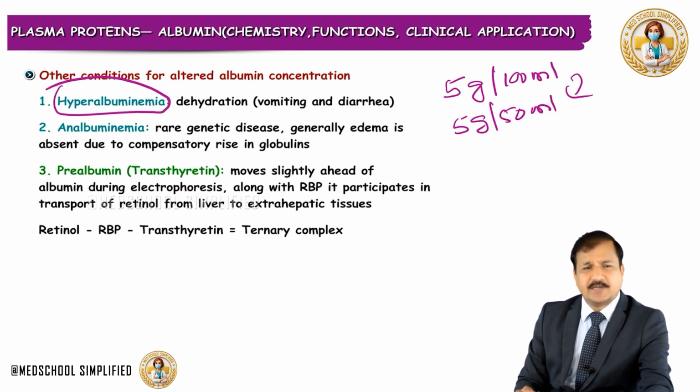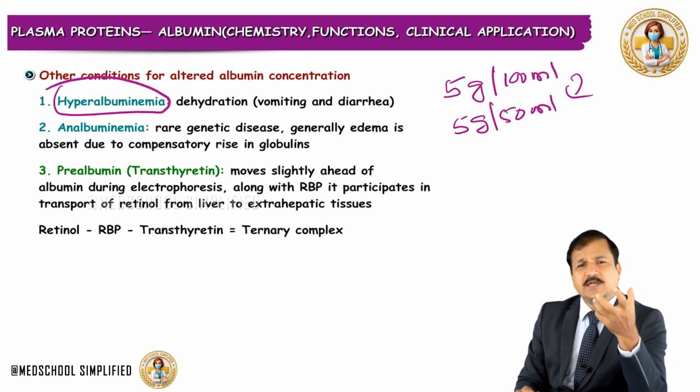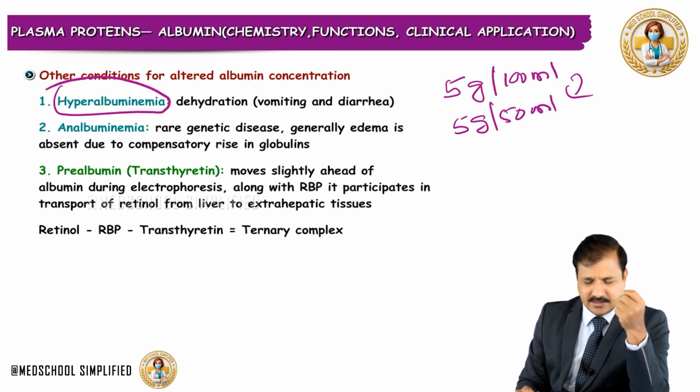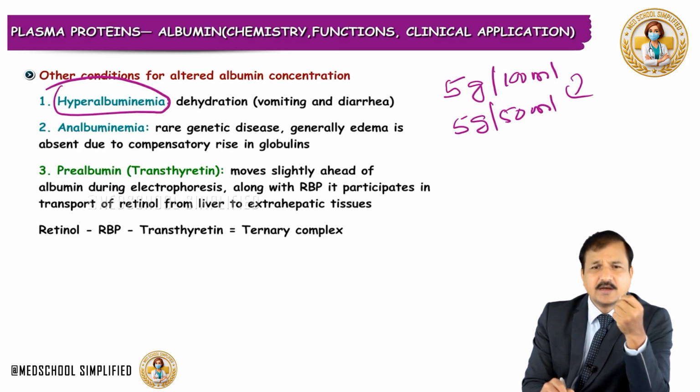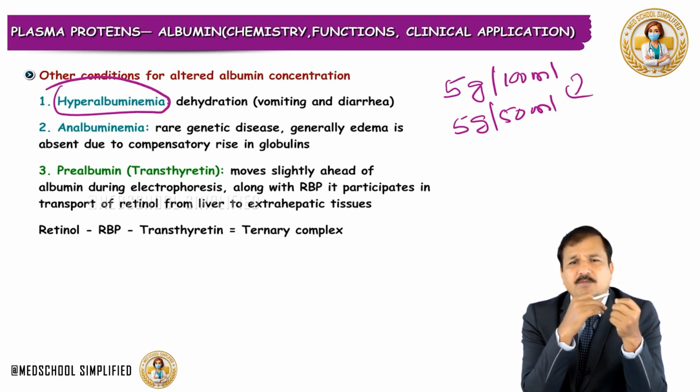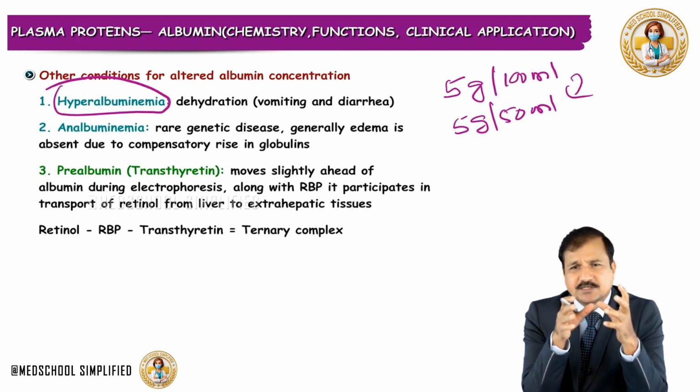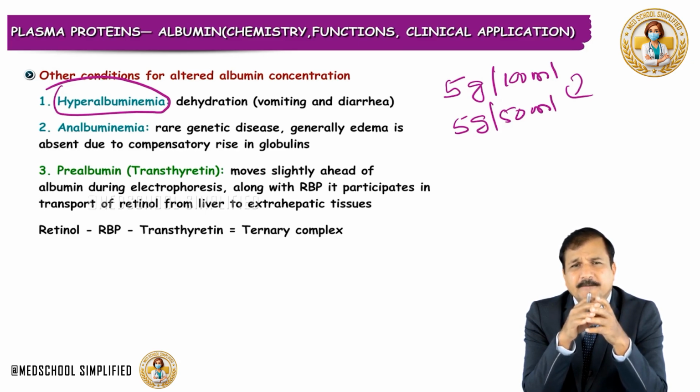Coming to analbuminemia. Analbuminemia is a rare genetic disease where albumin is virtually absent. However, in this disease, edema is generally not seen, although albumin maintains the colloidal osmotic pressure, that is the oncotic pressure in the blood.